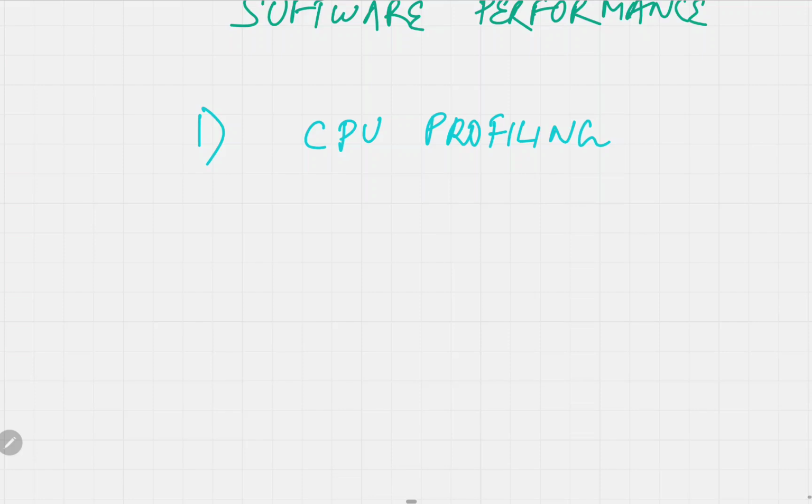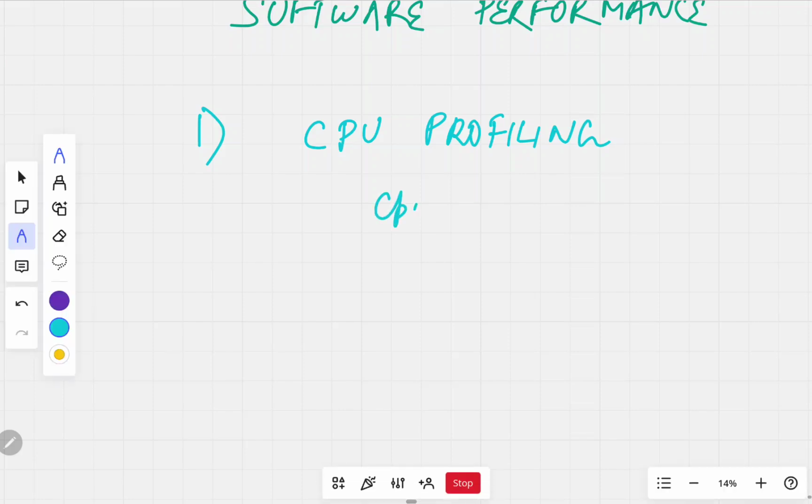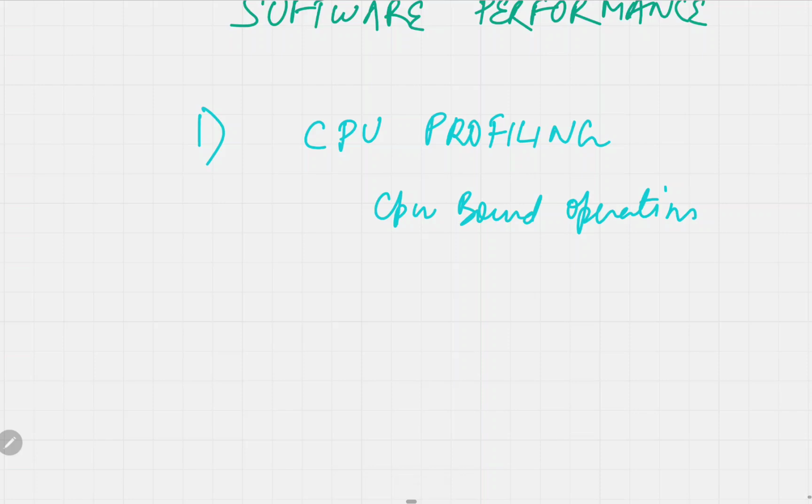You will generally see this when you have a lot of CPU bound operations. If you have some computation like this, then the CPU can be spiking, and we have to be cautious of these.